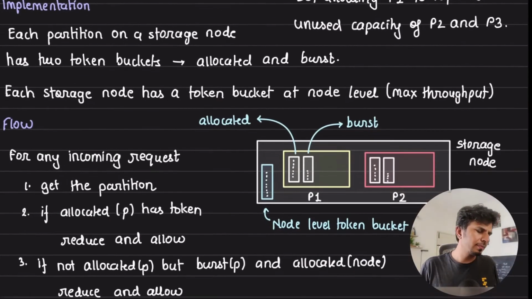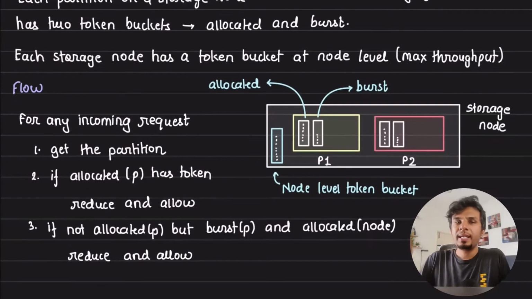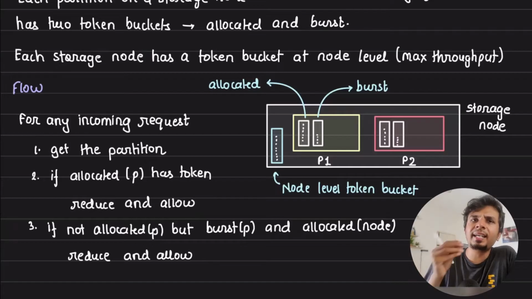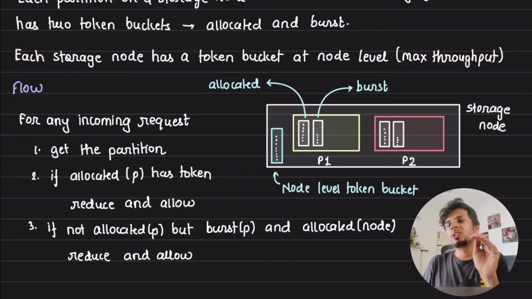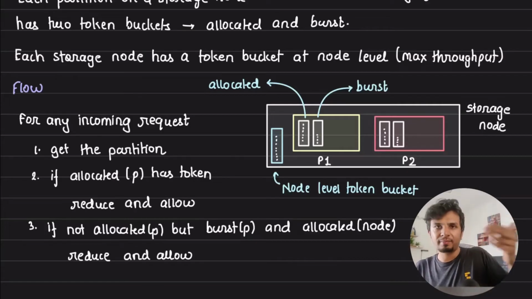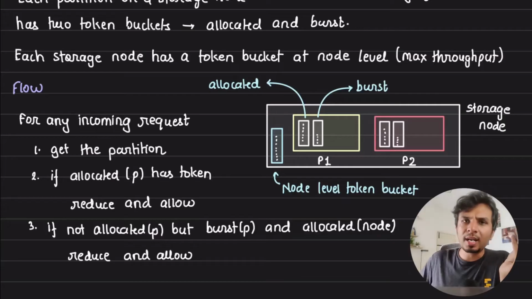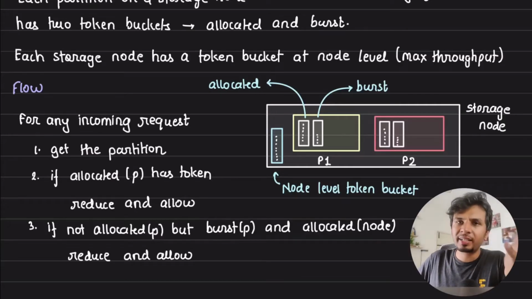Very simple use case. Each storage node has a token bucket, which says that every second this token bucket will be replenished, right? So it would be reset. Let's say my node has 300 writes per second.